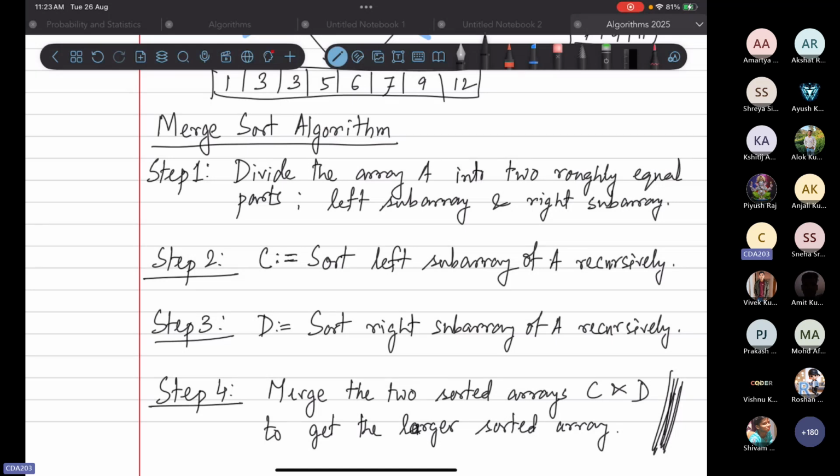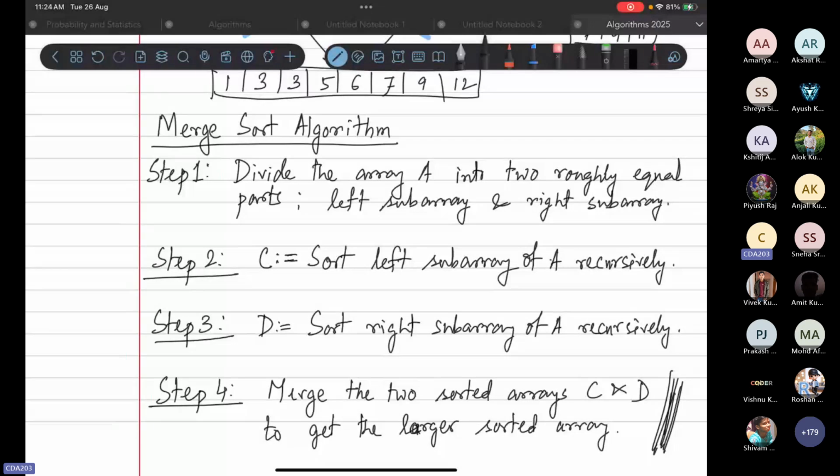See, again, this is a divide and conquer approach. I'll explain what this divide and conquer approach is in a moment. But this one is like we are applying merge sort on a smaller subarray in steps 2 and 3.